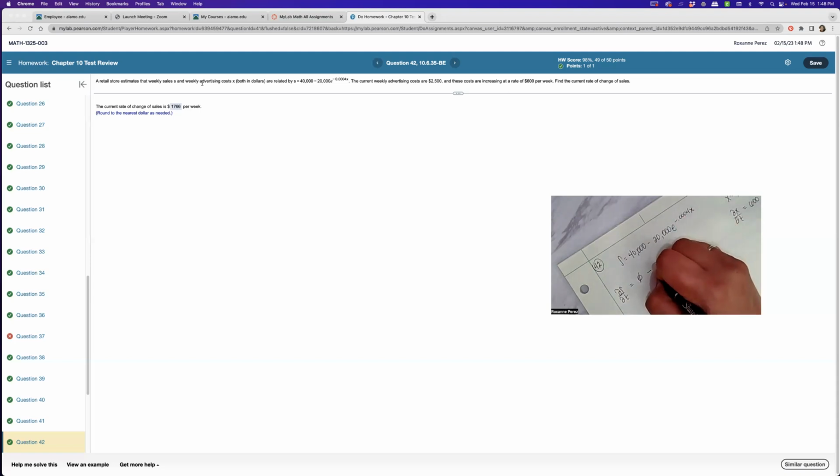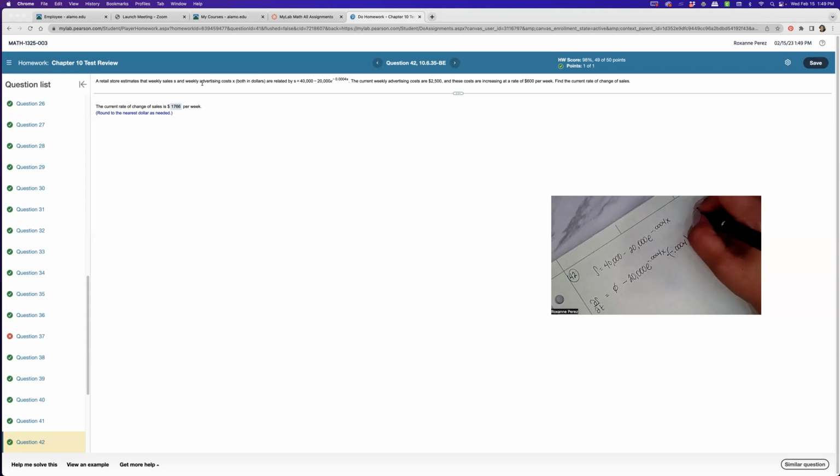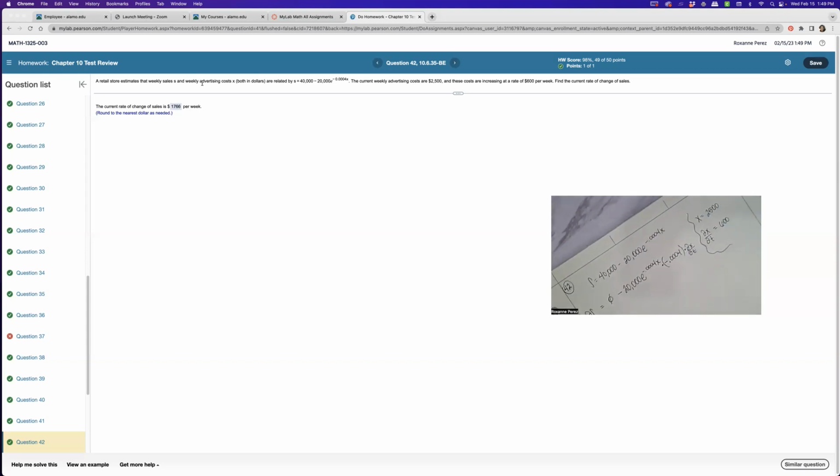So that's going to look like negative 20,000 e to the negative 0.0004x times negative 0.0004 times the derivative of x with respect to t.